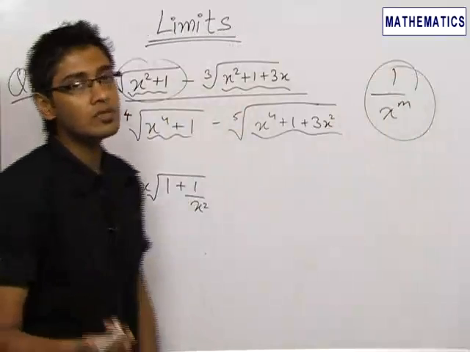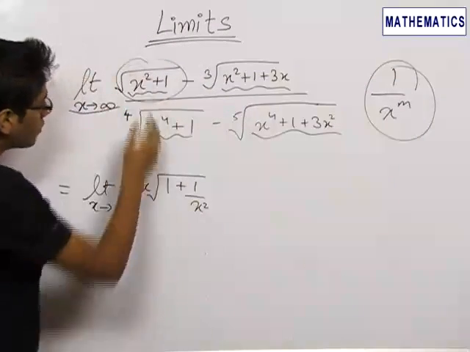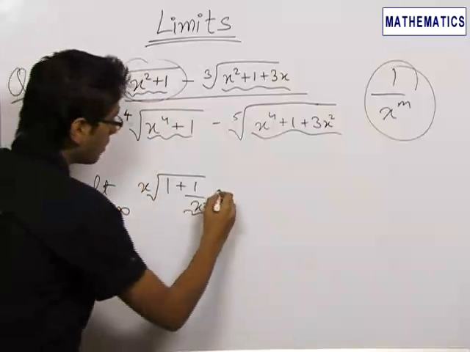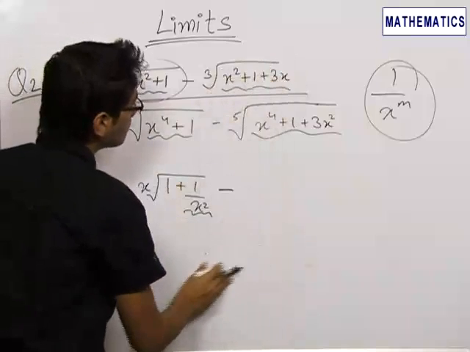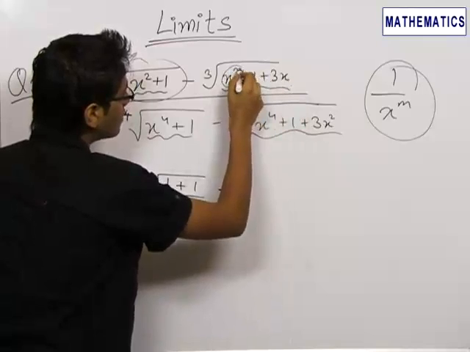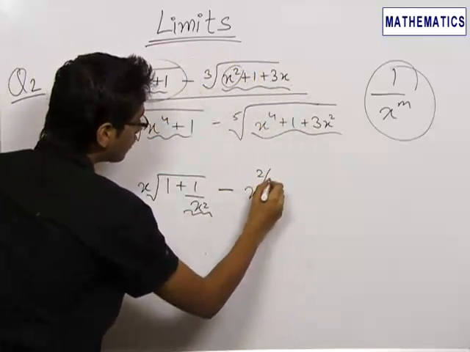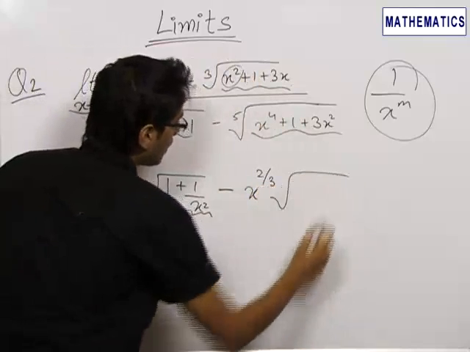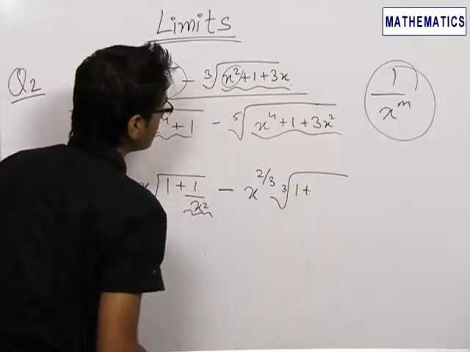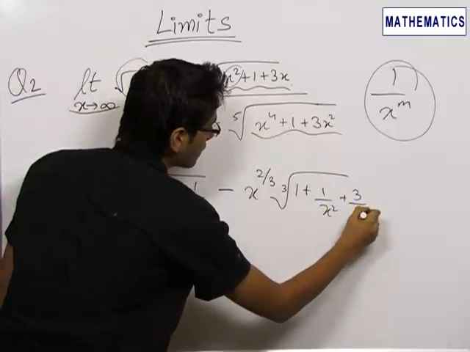In order to generate these 1 upon x power something terms, we have to bring the degrees of x outside so as to generate these types of terms. Now in the second one, under the cube root, we have x square, x and 1, and the highest power of x is 2, so we bring this x square outside. It will come outside as x power 2 by 3, and what we get is cube root of 1 plus 1 upon x square plus 3 upon x.